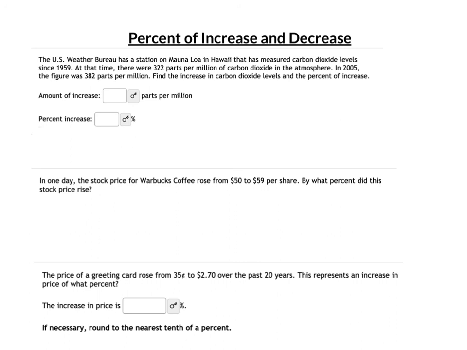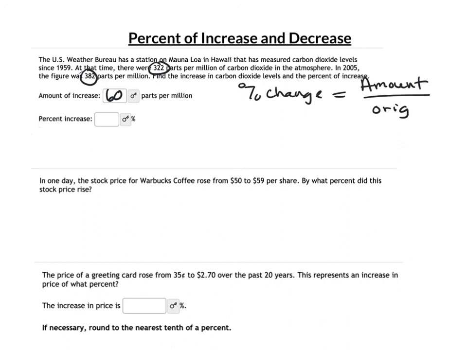So we're looking at two numbers here, 382 and 322. Subtracting those two, we get 60. So we know that percent of change is the amount of change, how much it changes, subtract, divided by the original.